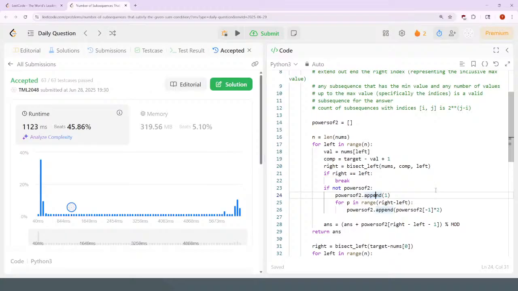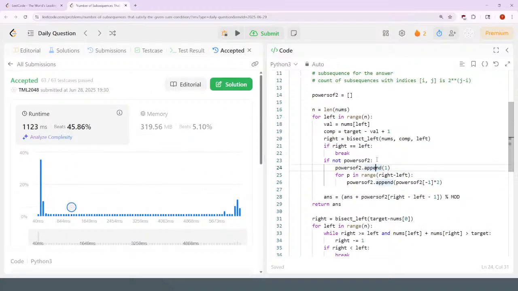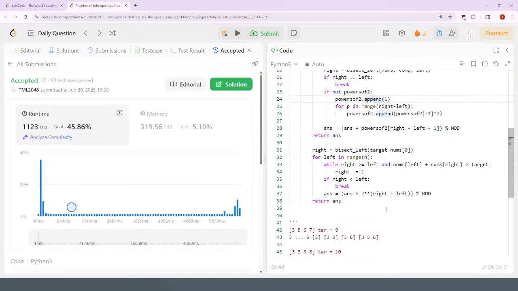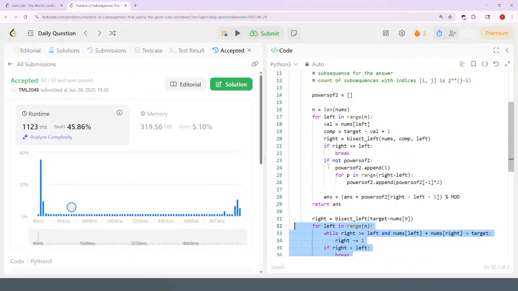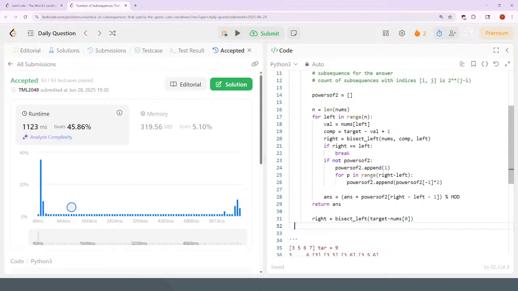That's not enough. There's still some other optimization I can do here. I think this is deletable at this point.